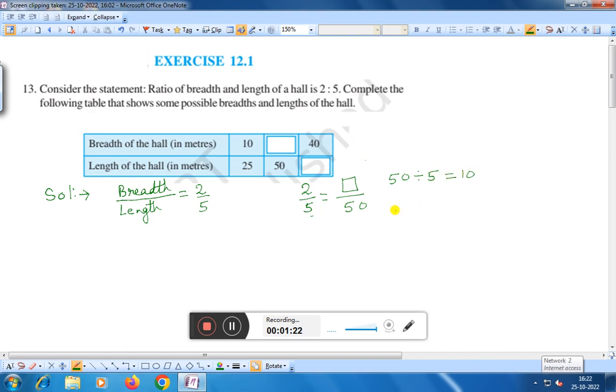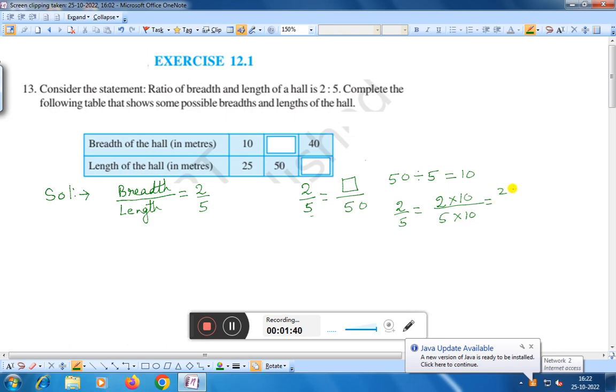Therefore, we multiply the numerator and denominator both by 10 to get an equivalent ratio. 2/5 is equal to 2 times 10 over 5 times 10, that is 20 by 50. Therefore, here the length is 50, so this value will be 20. The breadth of the hall will be 20 meters.